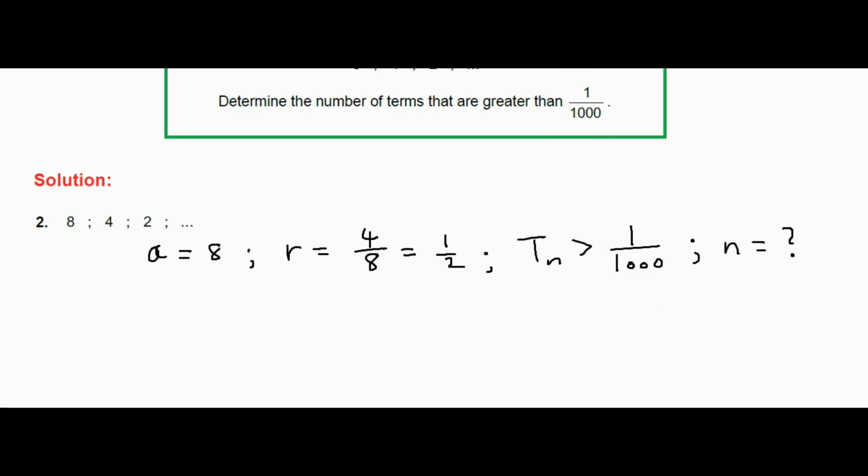So we're going to use the formula T sub n. Now a is 8, so we have 8 times r, which is a half, to the power n minus 1. We need to find n. This is the value of T sub n, and this must be greater than 1 over 1,000.